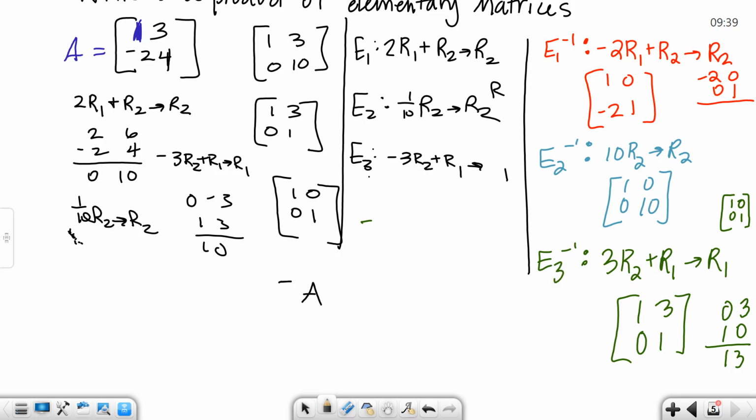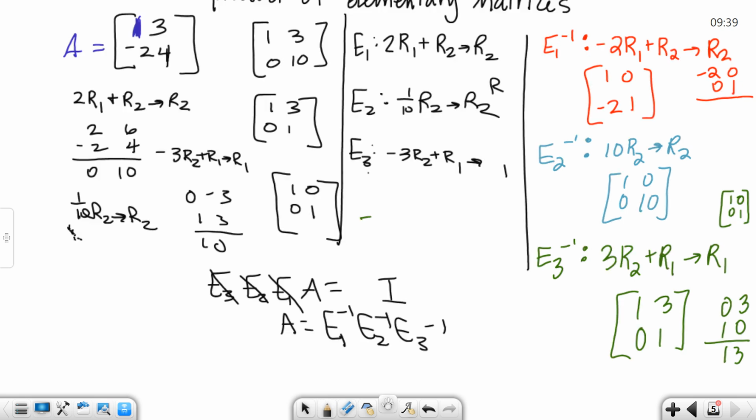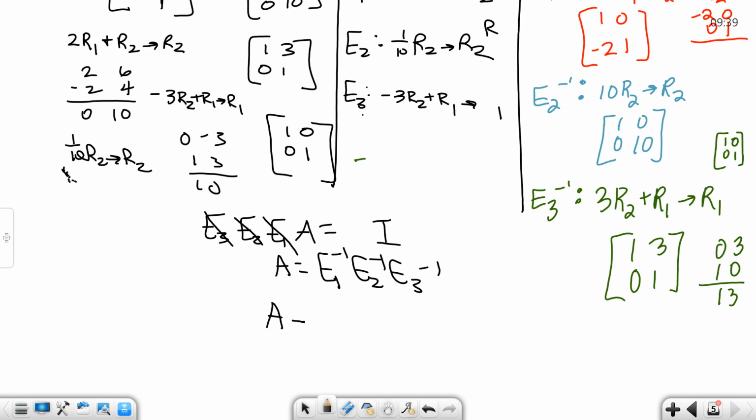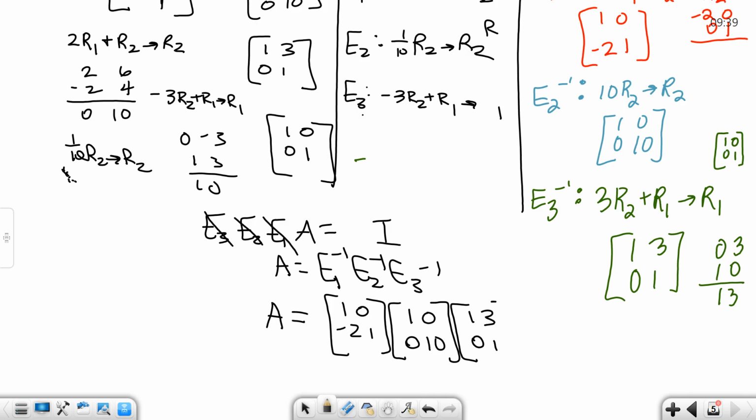So I took A and I did 1 operation, 2 operations, 3 operations to get the identity. So to get rid of it, I'm going to say this operation, then this operation, then this operation equals A. So A would equal 1, 0, negative 2, 1, times 1, 0, 0, 10, times 1, 3, 0, 1.